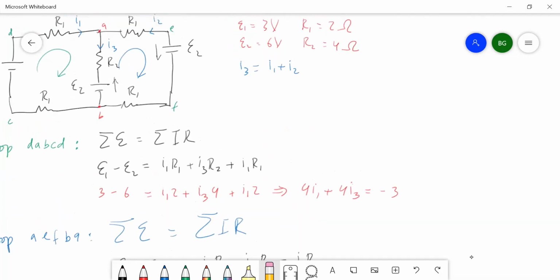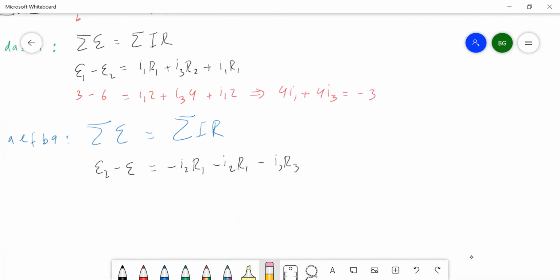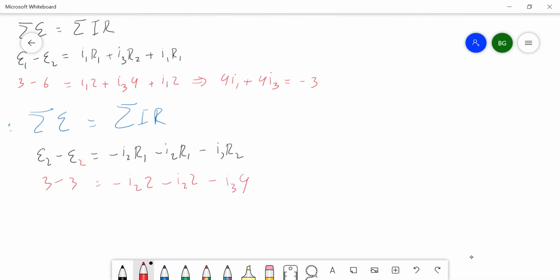Sorry, this is R2. So this is 3 minus 3 equals minus I2 times R1, which is 2, minus I3 times 4. So this becomes 0.